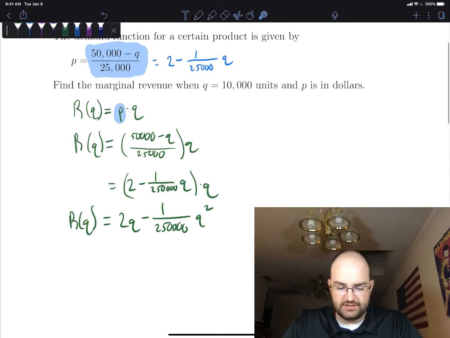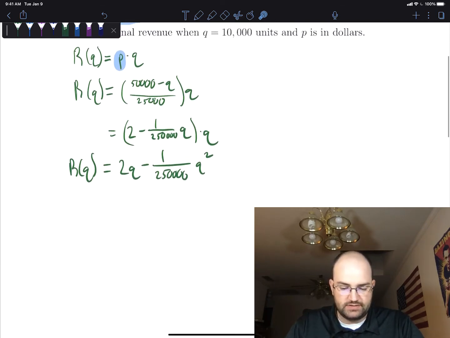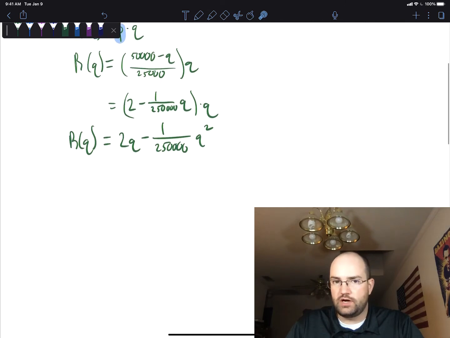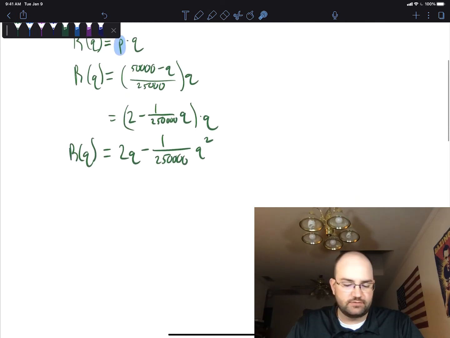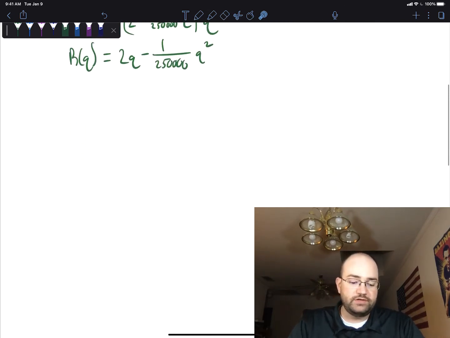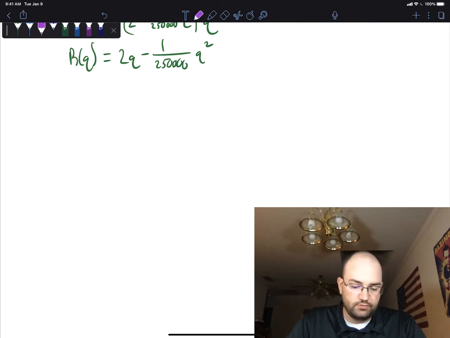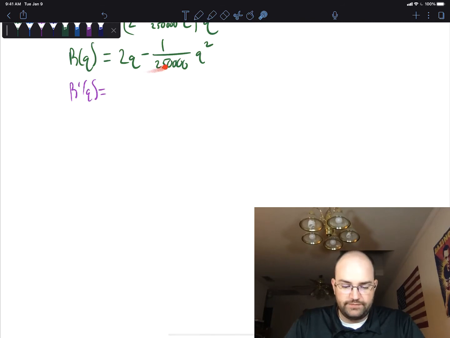The question is asking us to find the marginal revenue when Q equals 10,000 units, P in dollars. So what is R prime of 10,000? To get there, we first find R prime of Q. We take the derivative of this.